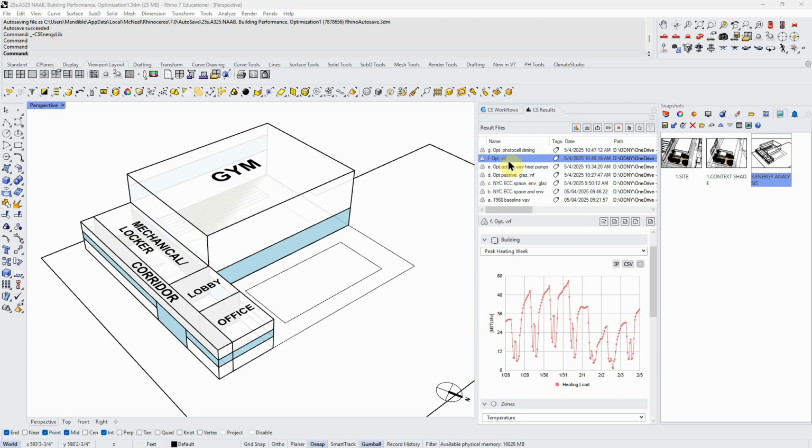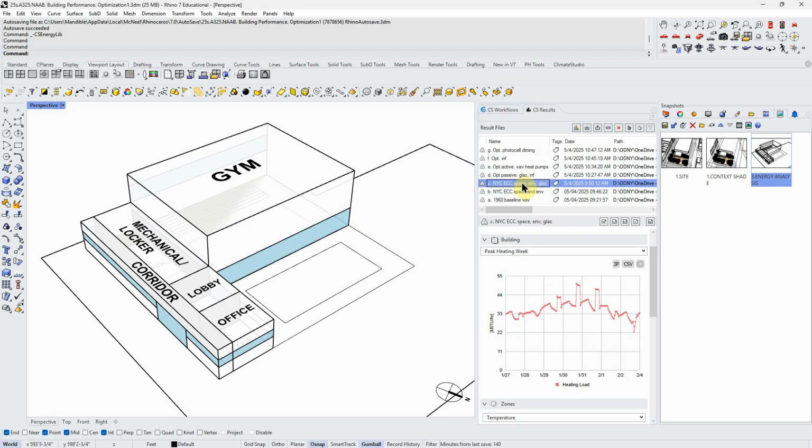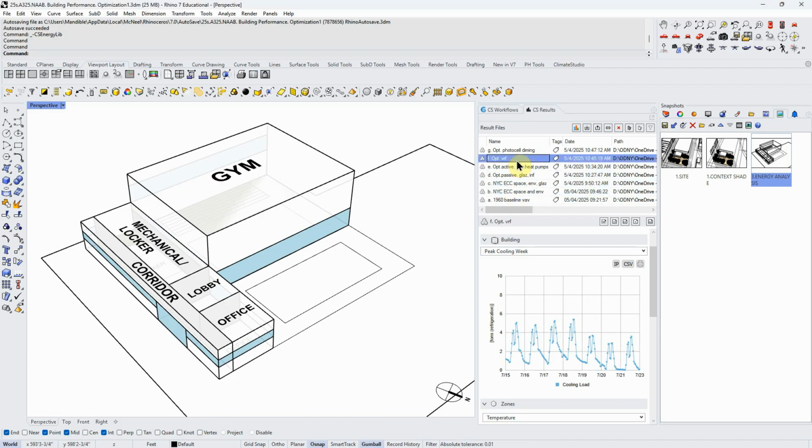So I'm going to use this, my optimized VRF version. Let's just look at, if I'm down here at an energy code version, it's actually lower for the heat load there. Let's see about the cooling load. 6 is a little higher for the cooling load. Interesting. But anyway, let's use my optimized one for the VRF.